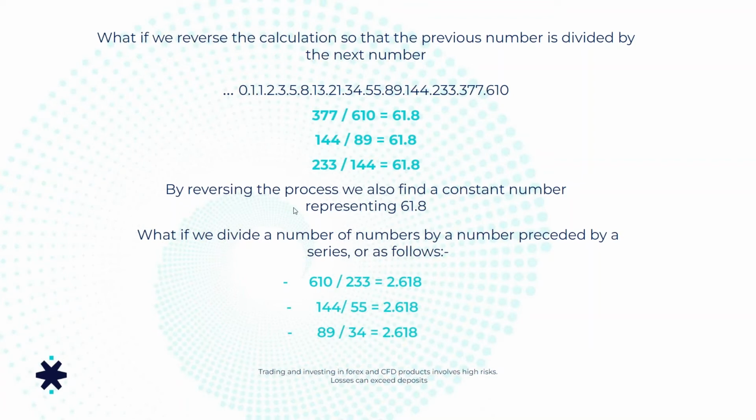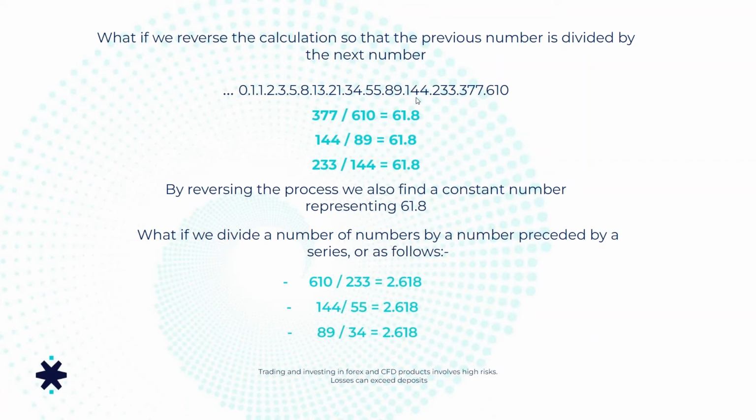And for example, if we reverse the whole process, what are we going to have? We have this series. We divide the last number with the next previous one, skipping the previous one and dividing with the next previous one. That will be the 2.618 value that we are going to get.